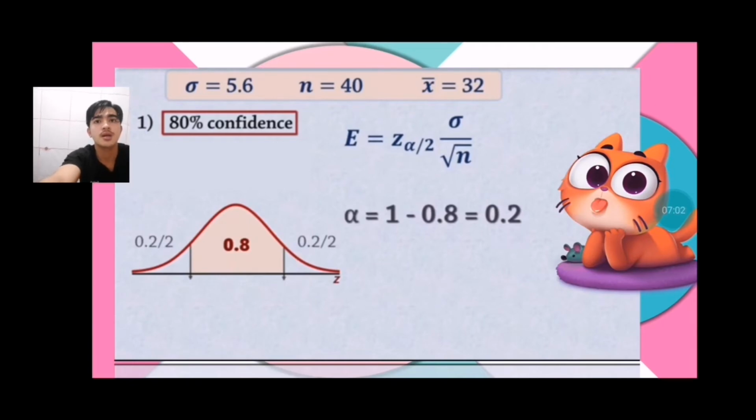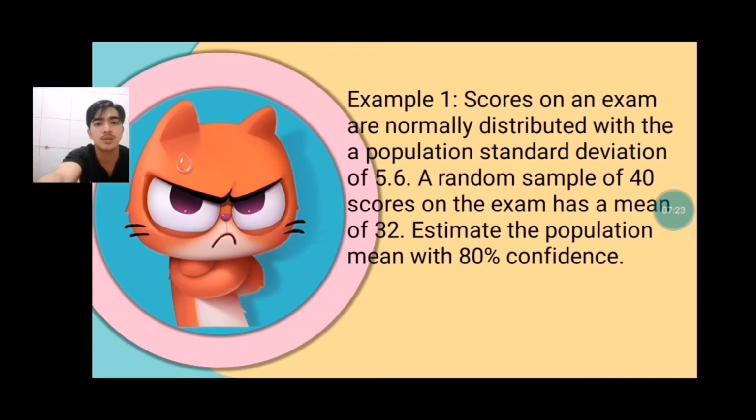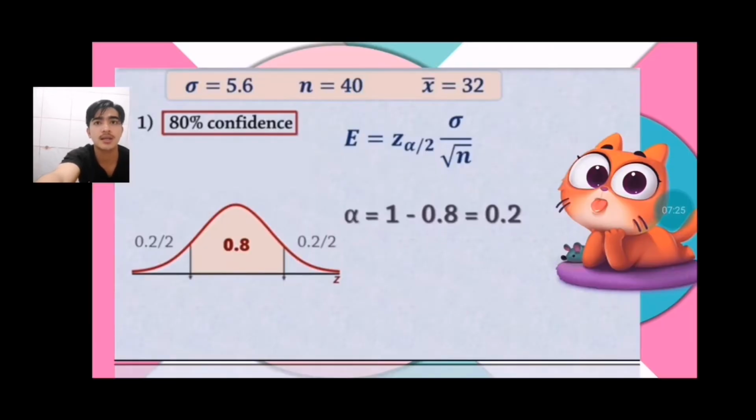Given the data, the sample mean is 32, n is equal to 40, and the population standard deviation is 5.6. We are about to estimate the population mean with 80% confidence.